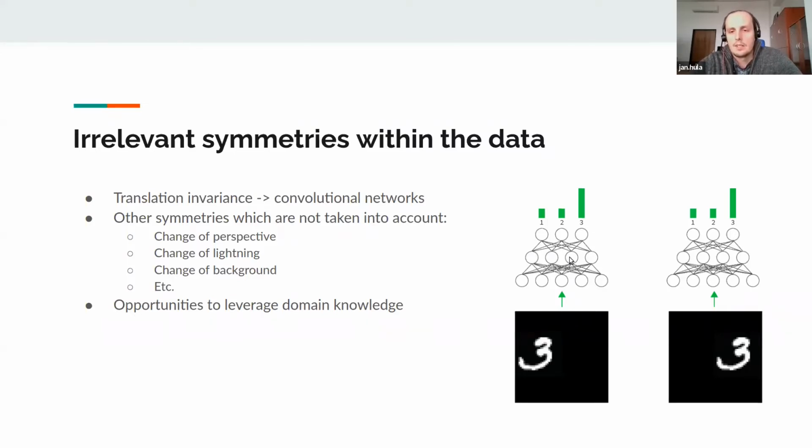So this is translation symmetry, and the popular models for image computer vision are these convolutional neural networks, which are based on these convolutional layers, and these convolutional layers are designed to be automatically equivariant with respect to translation.